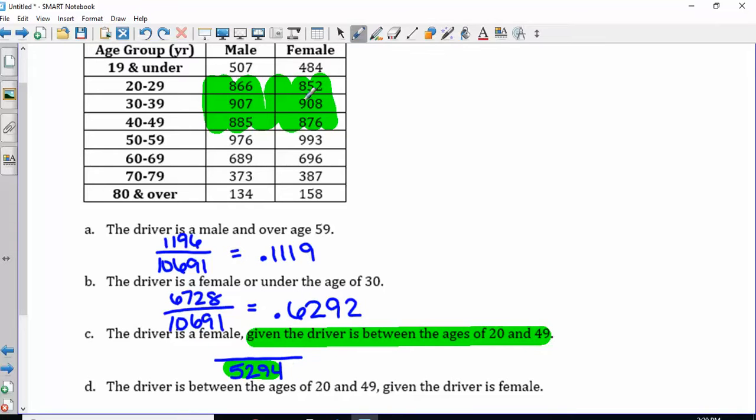Then the top is from those, how many were females? So if I add all those up, what'd you get? 2636, is that right? Okay. Divide those and we get 0.4979.